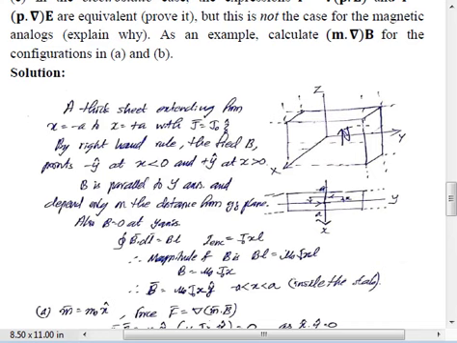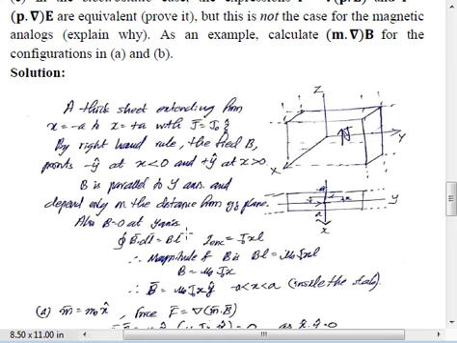Now again, this slab is extending to infinity along the z and y direction. So the magnetic field will have a symmetry with respect to the yz plane, or we can say the field will depend only on the distance of the point from this slab, that is only on the x coordinate. So B is parallel to the y axis and depends only on the distance from the yz plane.